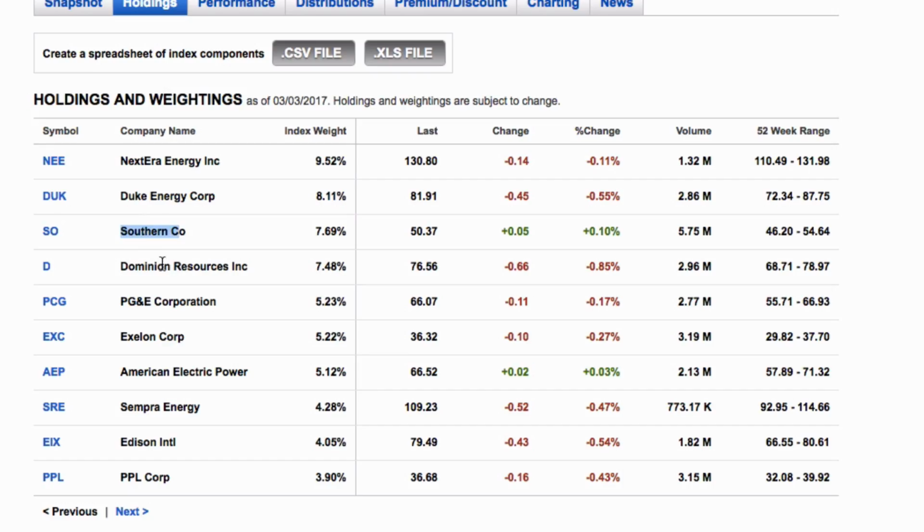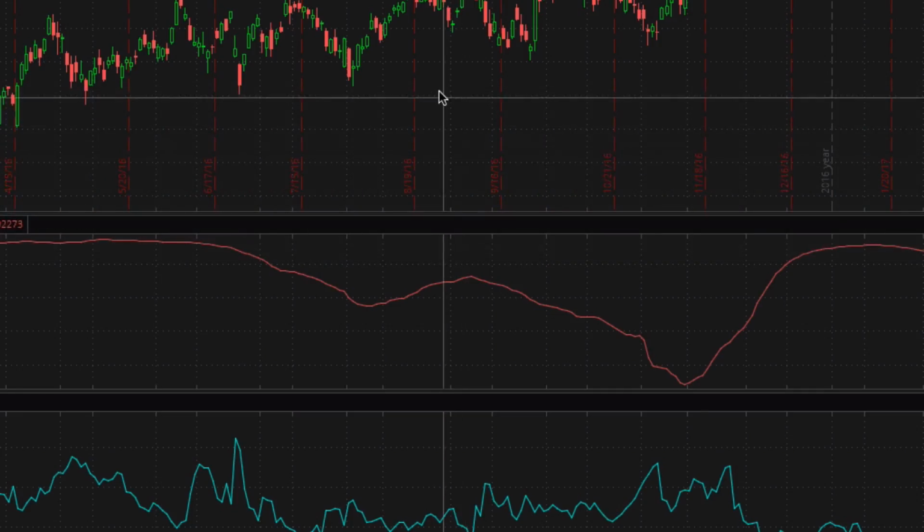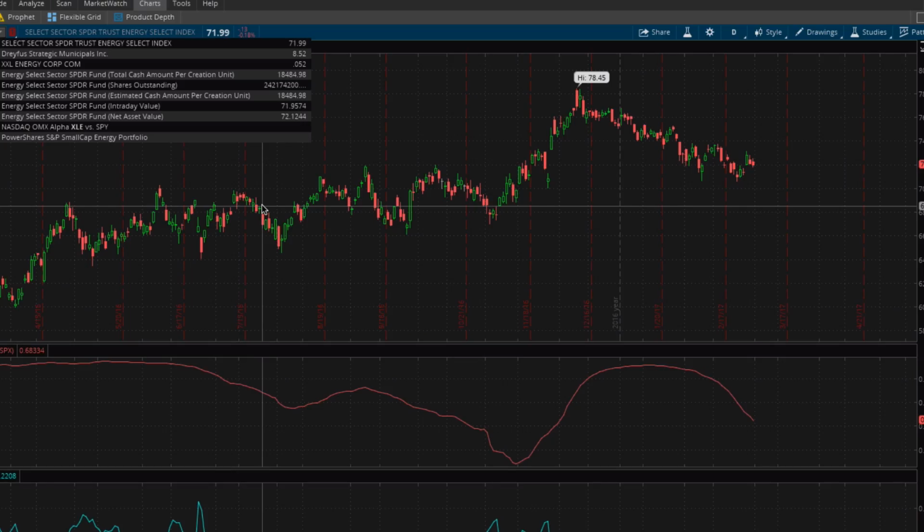Yeah, Southern Co, Dominion, Exelon, Edison, PPL. The utility companies, the people that make electricity and gas get to your house. It's not oil and gas specifically, but they are companies that make use of those commodities.